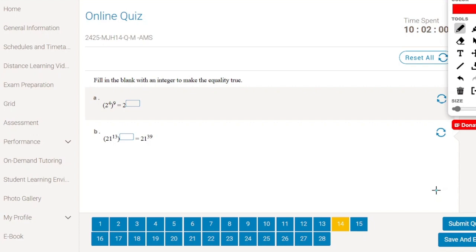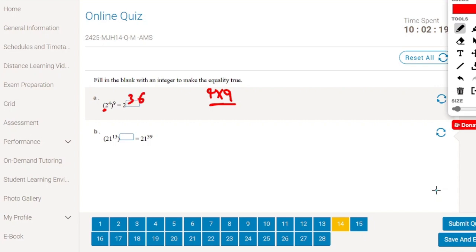Question number 14. Fill in the blank with an integer to make the equality true. Okay, 2 power of 4 all power of 9. That means 4 multiply 9. So that means it will be 2 power of 36.